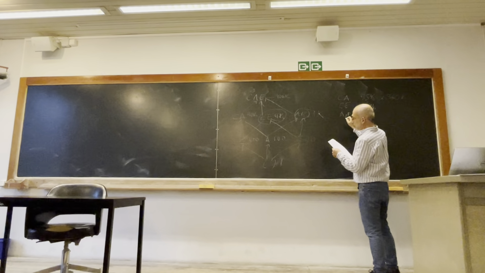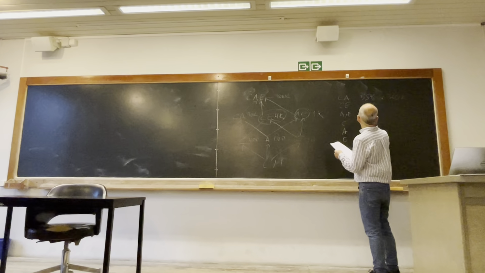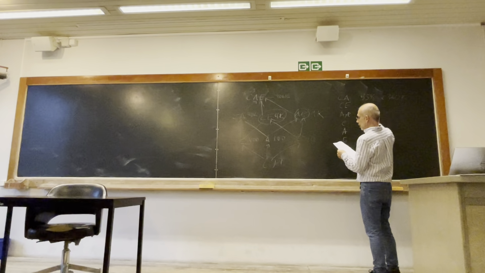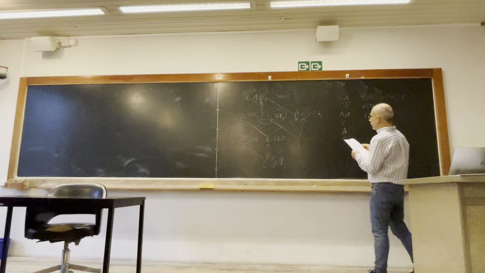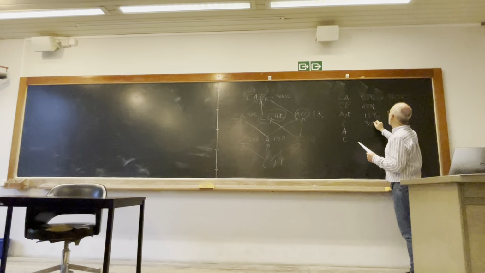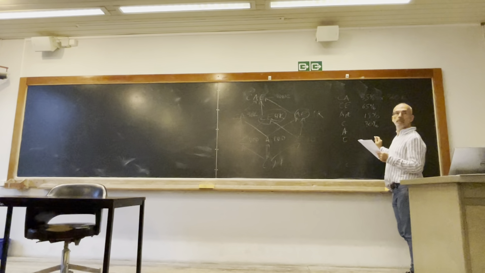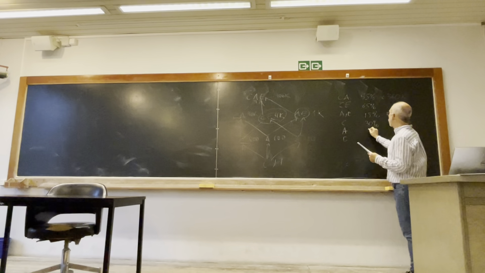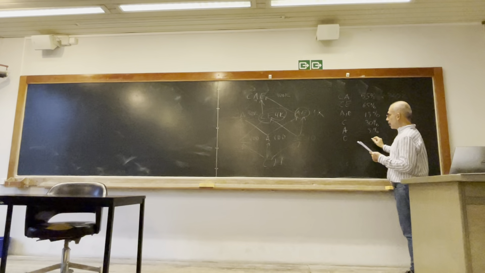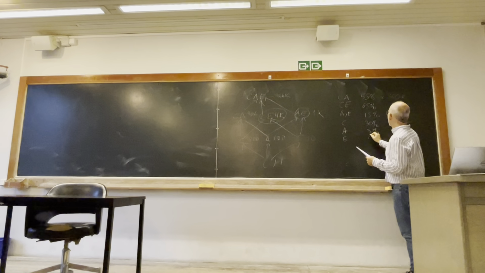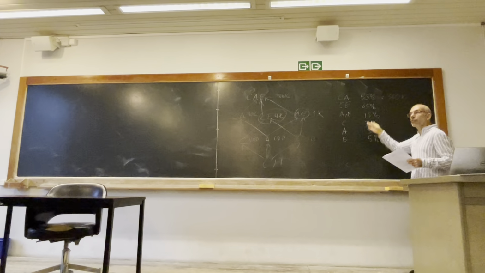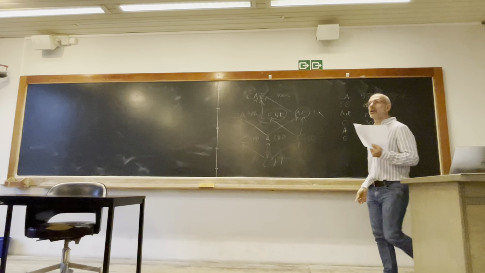AE, 15, indeed. C would be 30. Then A is 5, and E is 5. So you get the idea. You now need to put this into consideration in your computation.